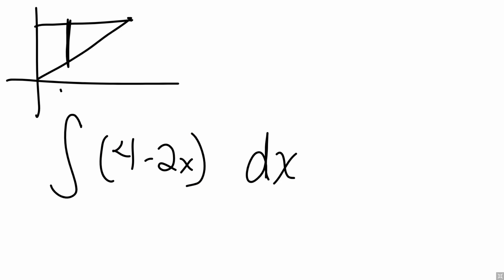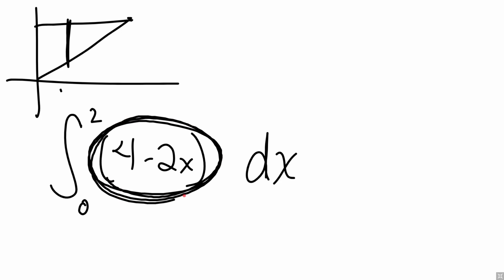Our limits of integration are from 0 to 2. We get the same answer. But by double integral, you notice that this portion, if you look at the last problem, actually gives the limits of integration: you have 4x at the top, 2x at the bottom.